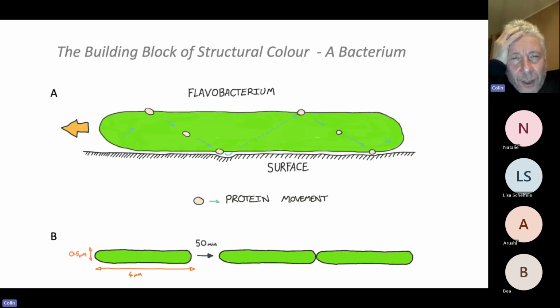There are proteins on the outside of the cell, and they move over the surface of the cell, pushed by molecular motors that cross from the inner membrane to the outer membrane. These proteins move in one direction, and they push the bacterium over a surface in the opposite direction.